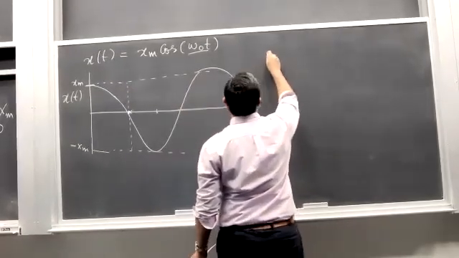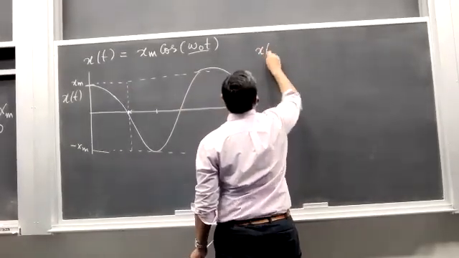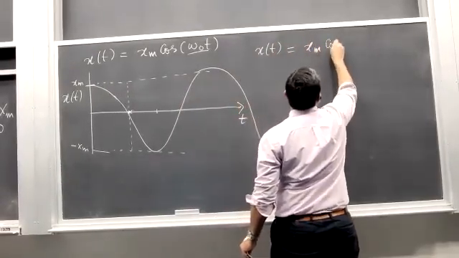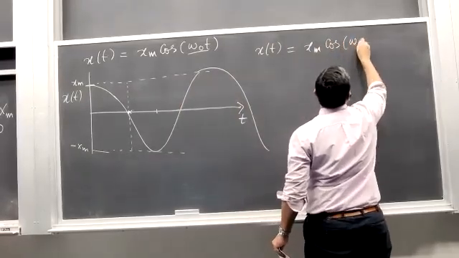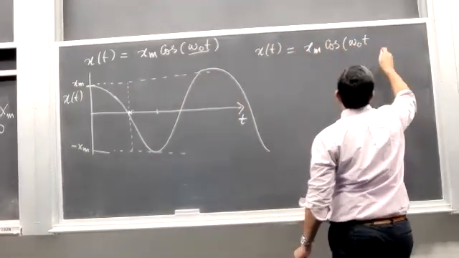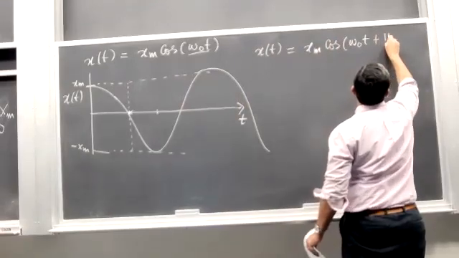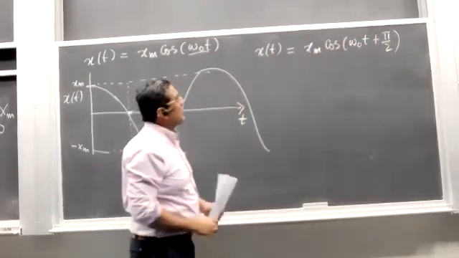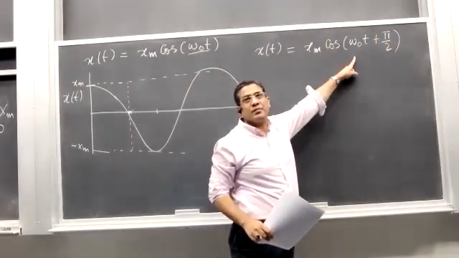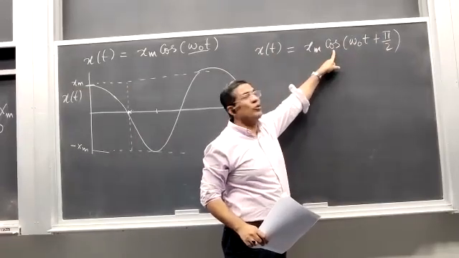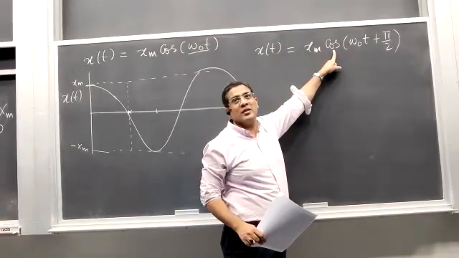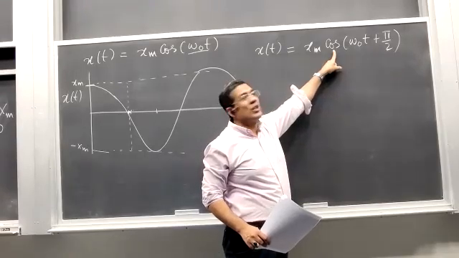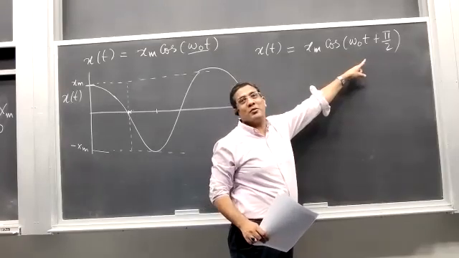If I chose the phase constant to be pi by 2, x equals xm cosine omega naught t plus pi by 2. Now when t is 0, what is cosine? Cosine would be 1 because there is pi by 2.